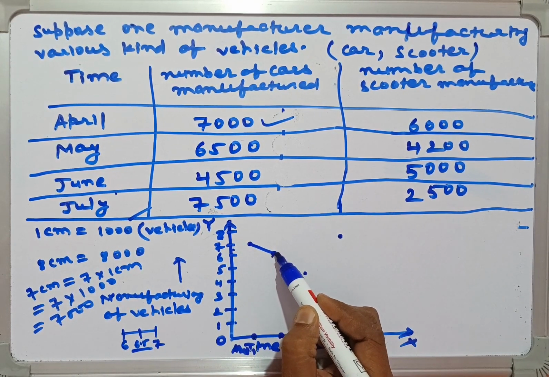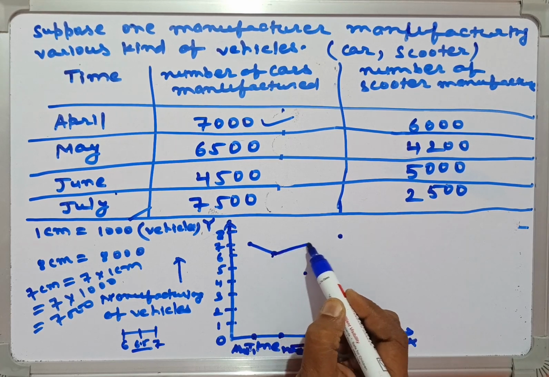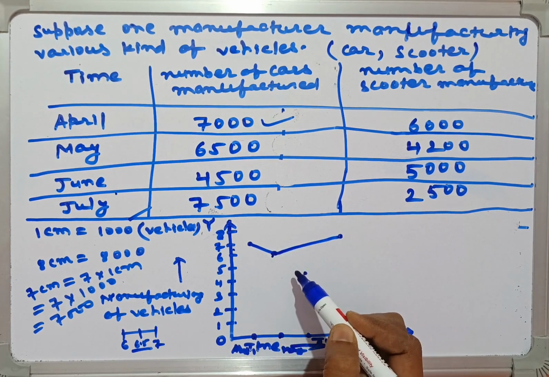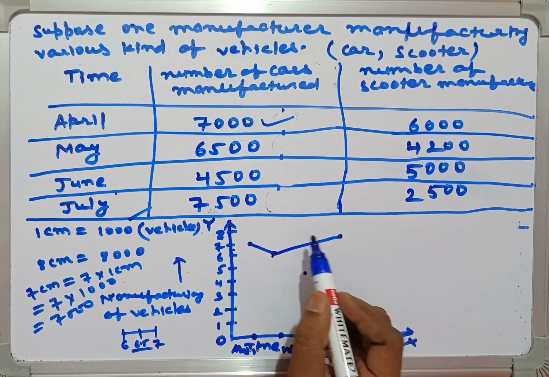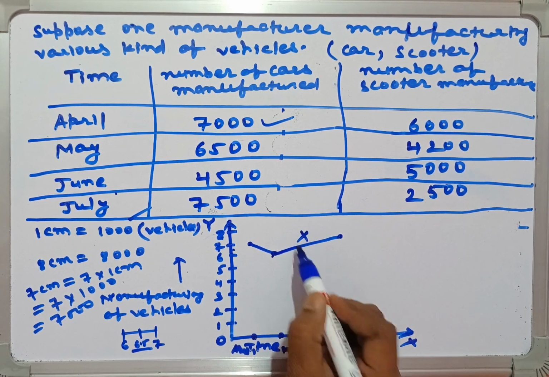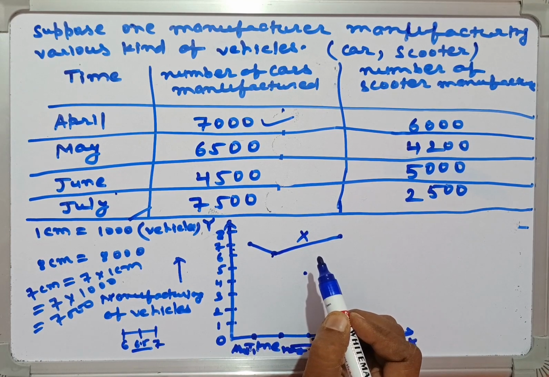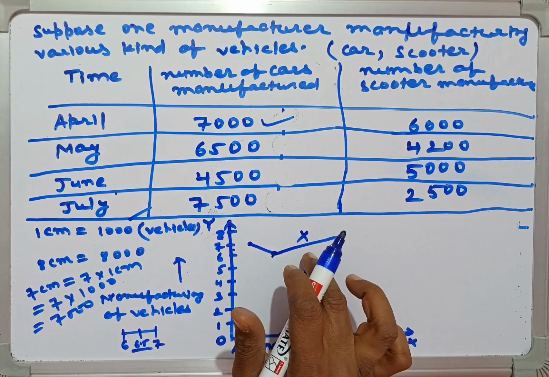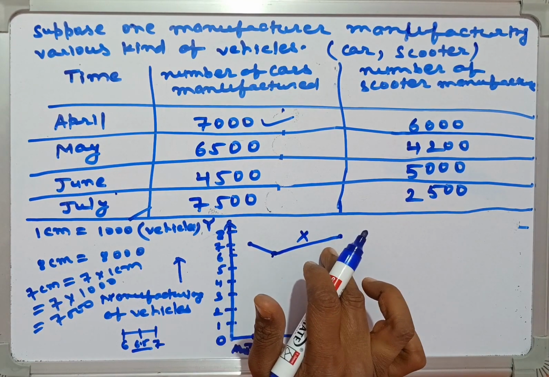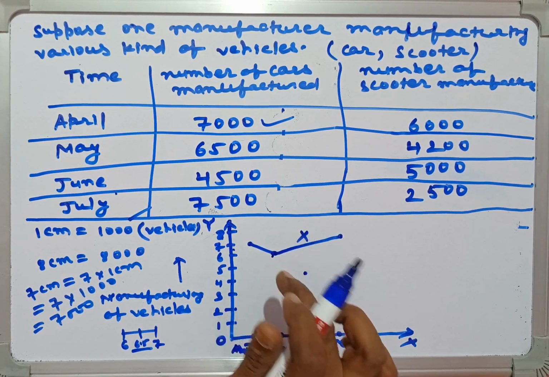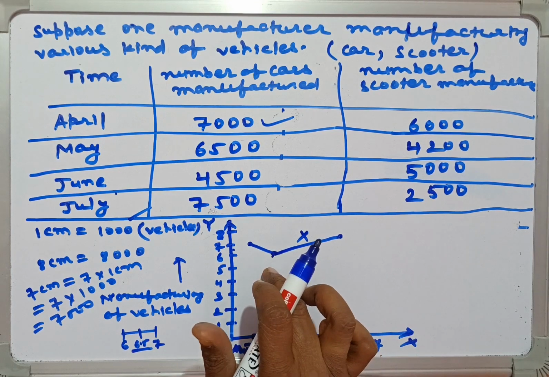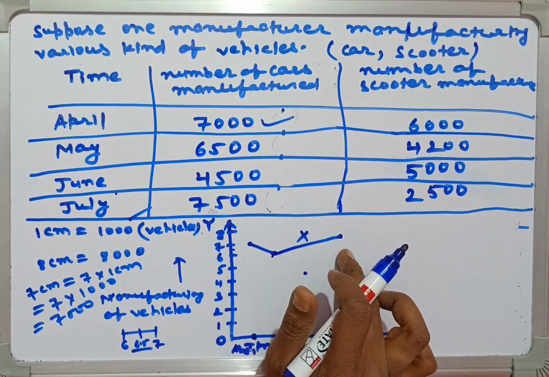Guys, can we connect this one? Is it correct or not? So this one is a wrong process. Okay, because as per definition data is varying continuously, so you cannot jump directly from May to July.